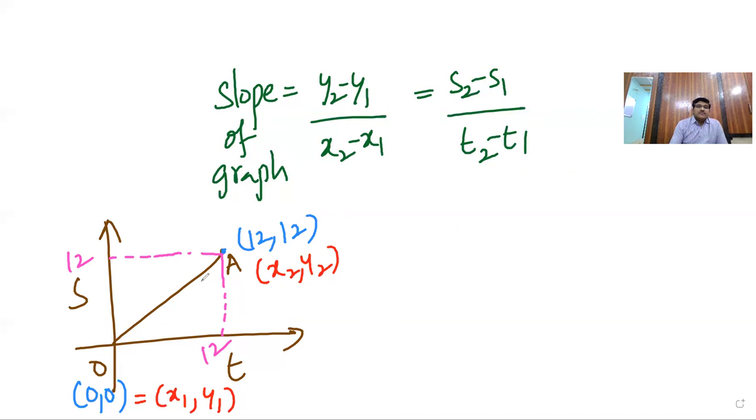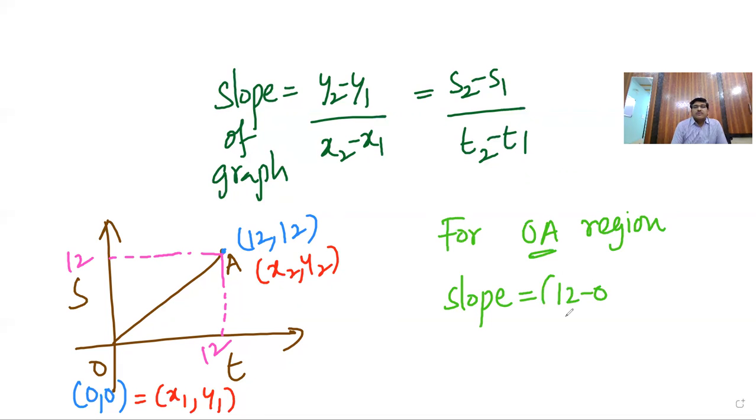For the OA region, slope is y2 minus y1. Y2 is how much? 12. Minus y1 is 0. 12 minus 0 by x2 minus x1. x2 is again 12. x1 is how much? 0. 12 minus 0 by 12 minus 0. 12 by 12.